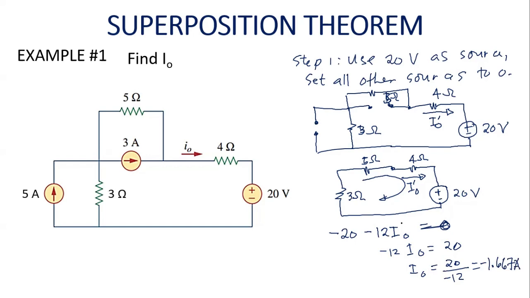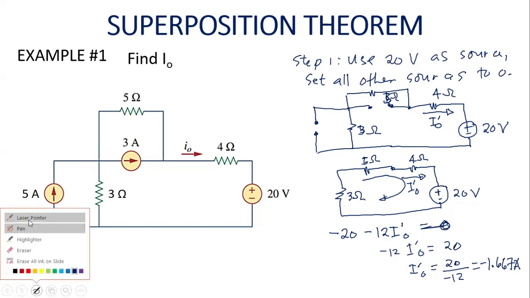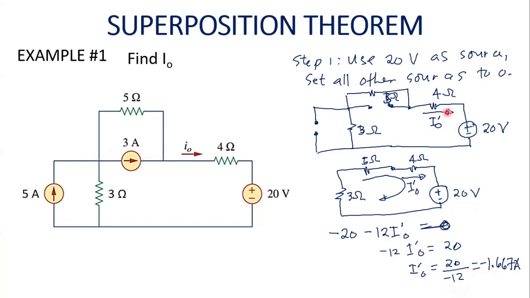This is I/O prime, the value of the current in the 4 ohm resistor when the source is only 20 volts. You notice here that the value is negative. It's correct that it would be negative because there is only one source, 20 volts, and its direction is supposedly to the left because the current comes out from the positive side of the source.